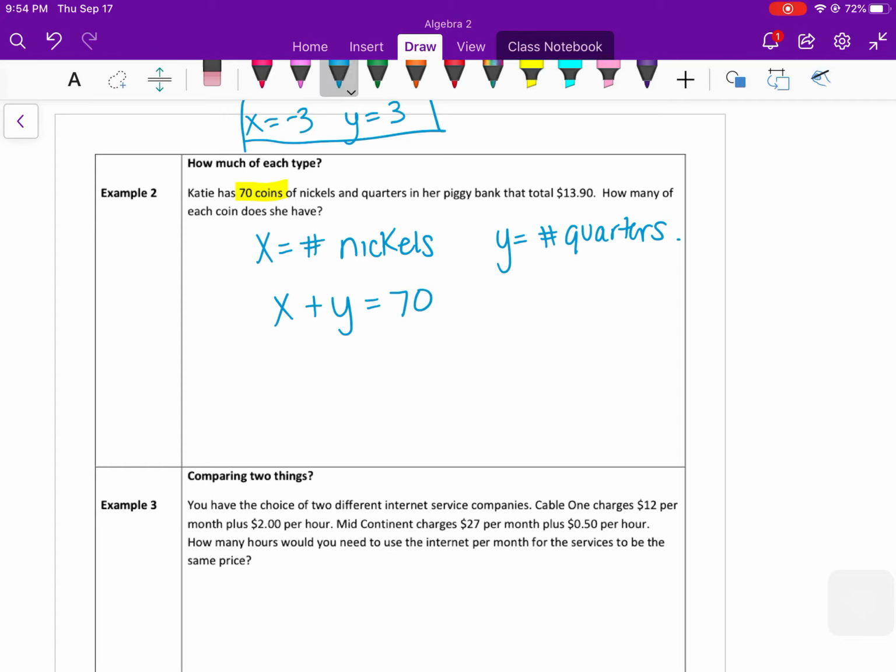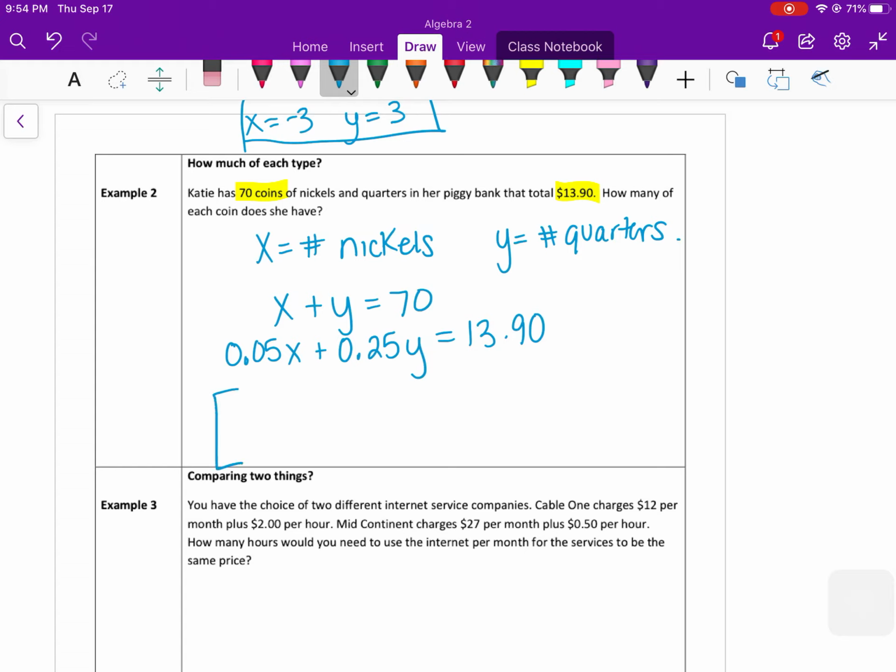So we have a total equation. Then we have the total amount of money that she has. Well, a nickel is worth 5 cents, so 0.05 per x. A quarter is worth 25 cents, so it's 0.25 per y. And if we add the amount of money that she has together, it equals $13.90.